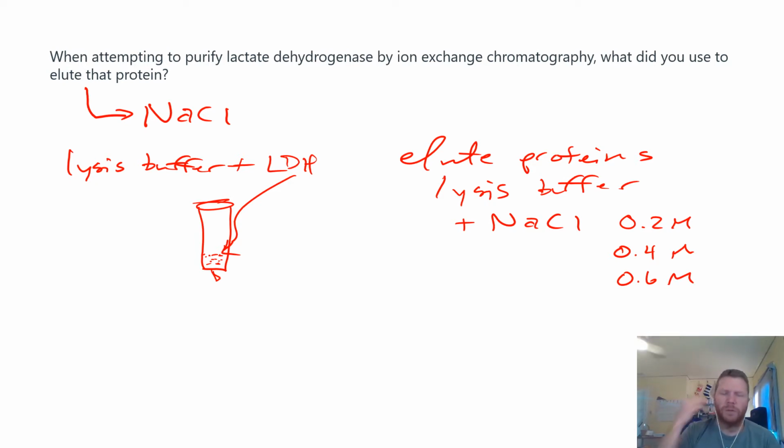So we did those 3 different concentrations. Every group did 1 concentration, but the point I wanted to drive at was the NaCl, because that NaCl is going to disrupt any sort of electrostatic interactions between the LDH and that resin there.